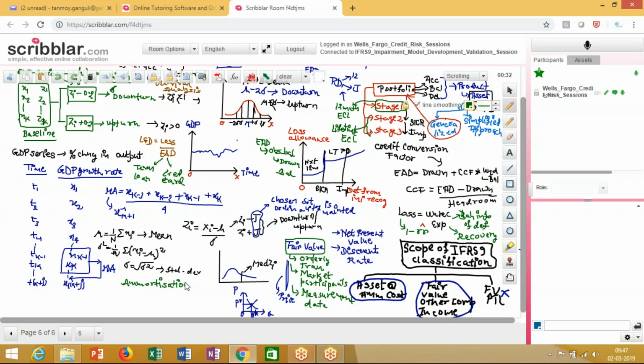For physical assets like machineries, plants, equipments, you have depreciation. For non-physical assets or invisible assets, you have amortization, right? So amortization is nothing but the rate at which the value of an asset is written off over time.